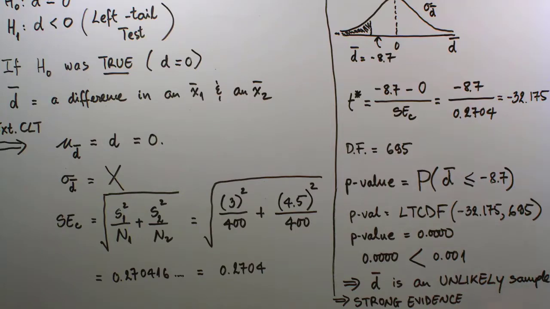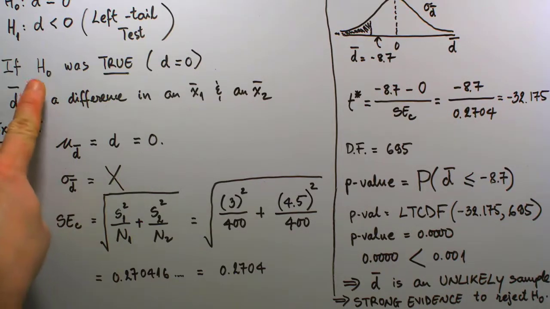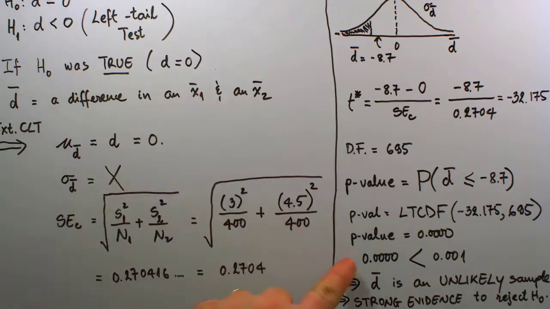And the strong evidence we have here is to reject h sub 0. As we were saying earlier, if we were accepting h sub 0 to be true, then we led to a p-value way below our significance level. And so that's making d bar a strong evidence to reject h sub 0.